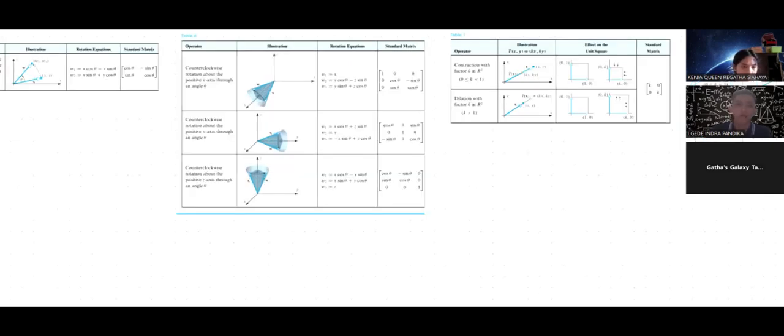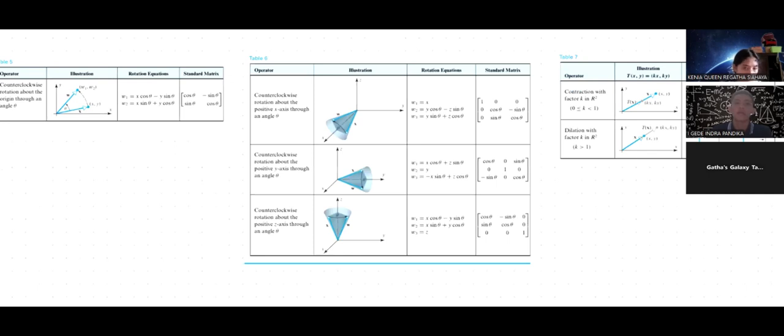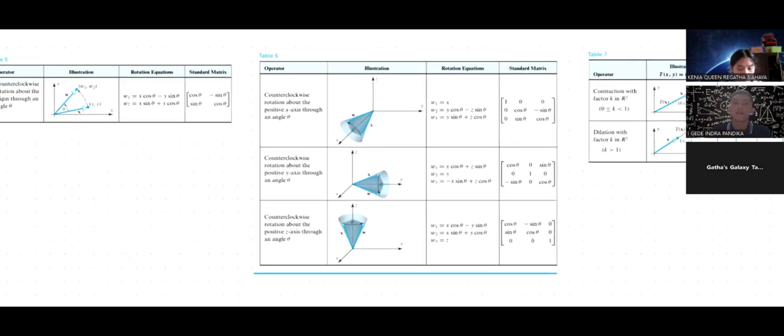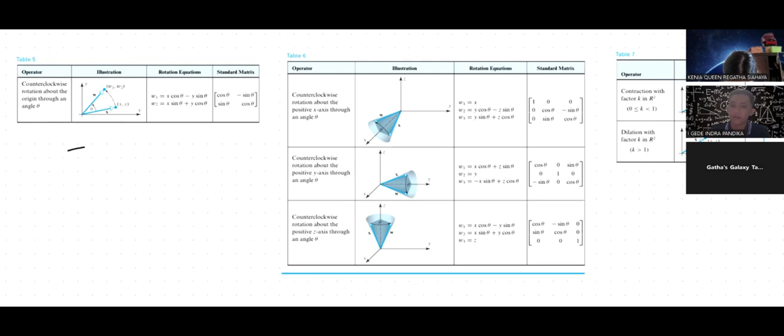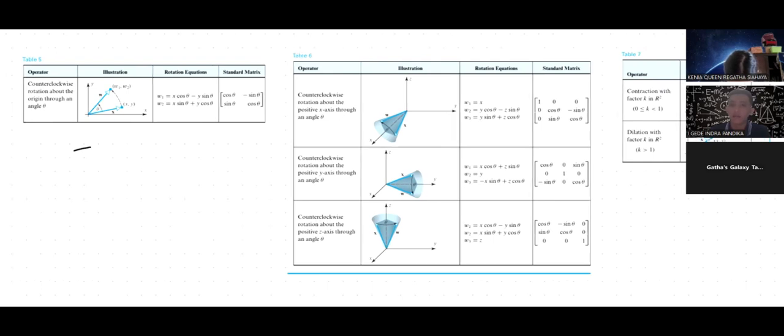The rotation operator is a linear transformation that rotates every vector v in R2 and R3 around the origin by a specific angle theta. So first we can explain example number 5.